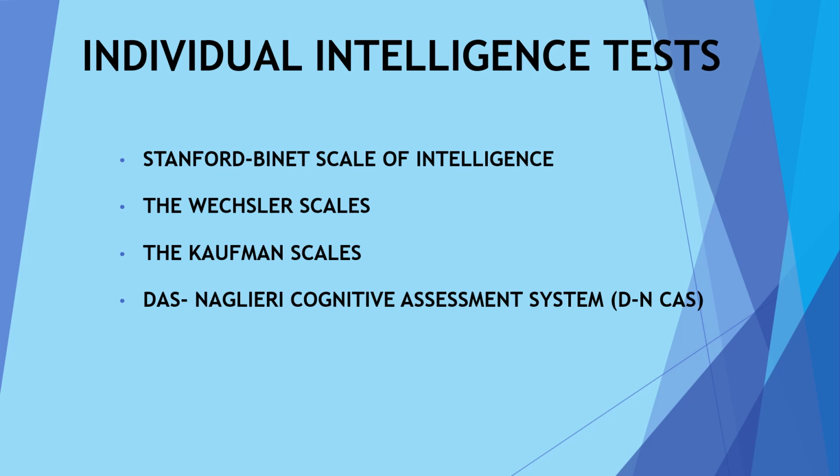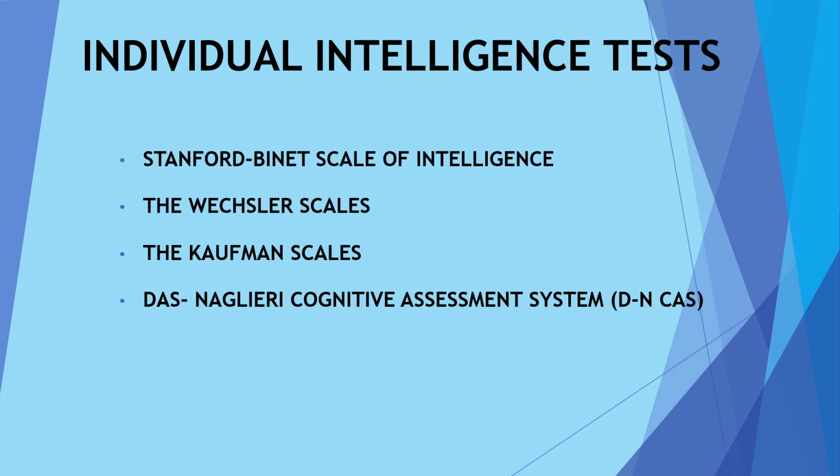These are standardized assessments that are designed to measure an individual's cognitive abilities such as problem solving, reasoning, memory, and perception. These tests are typically administered one-on-one by a qualified professional such as a psychologist and can take several hours to complete.